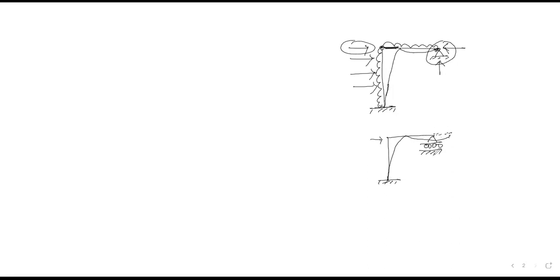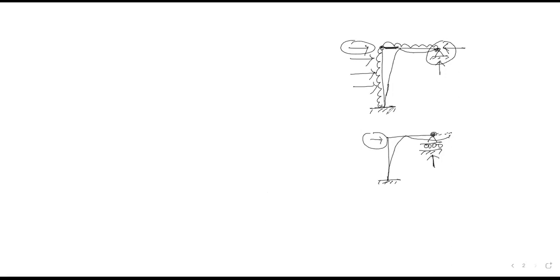Because your roller support has only one vertical reaction. This horizontal force which is externally applied is not able to be carried by this particular joint. But in this case, we have provided a hinge support, so it will carry this horizontal force which is applied in terms of the uniformly distributed load on the column. Students, please confirm me, is it clear or not? Is this concept clear?